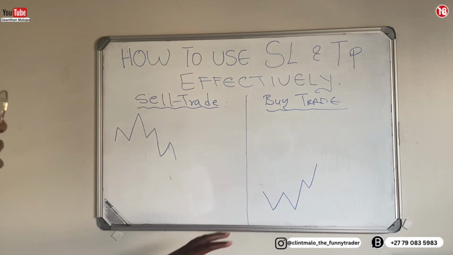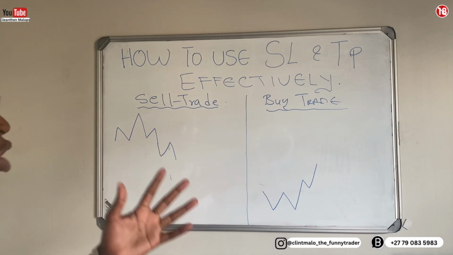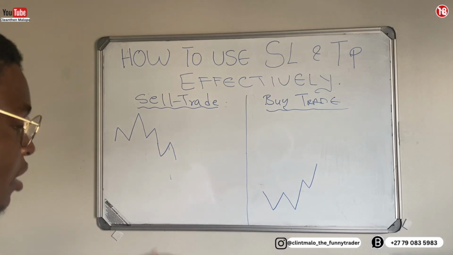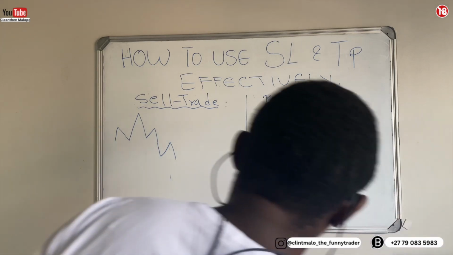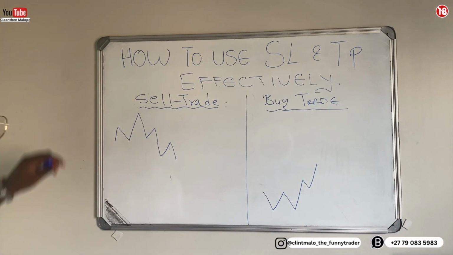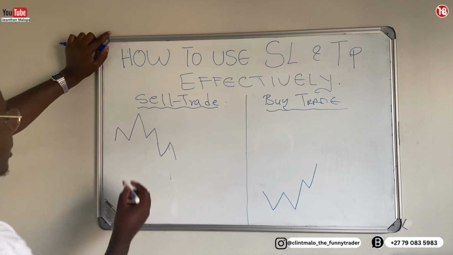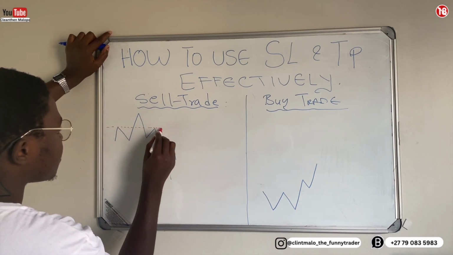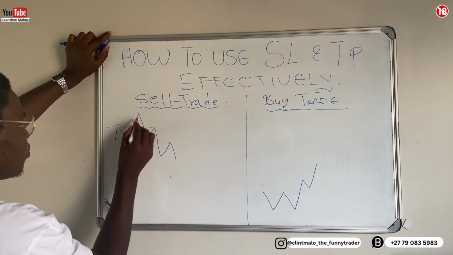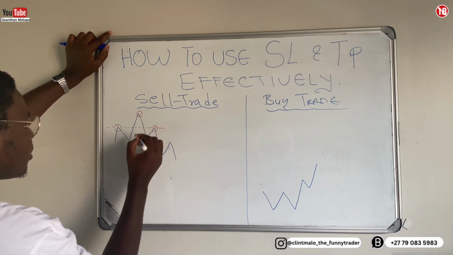So these are two different illustrations, because you already know what this means and what this means according to the previous session that we had. So let's just mark this point.